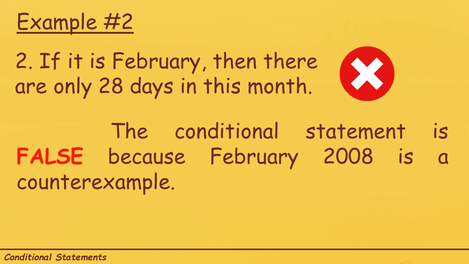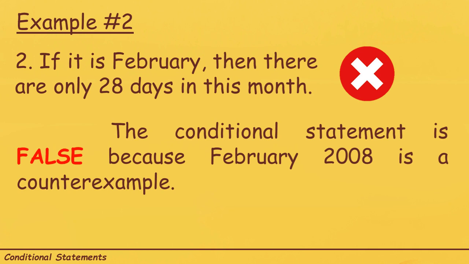So, ganun natin malalaman kung ito ba ay true or false, kung talagang totoo yung ating nasa statement or hindi. So, dito, sinabi na ang counter-example is February 2008. Ibig sabihin nun, meron tayong ibang taon ng February na hindi 28 ang days sa nasabing buwan. Hindi nga lang 2008 eh. 2012, 2016, at 2020.